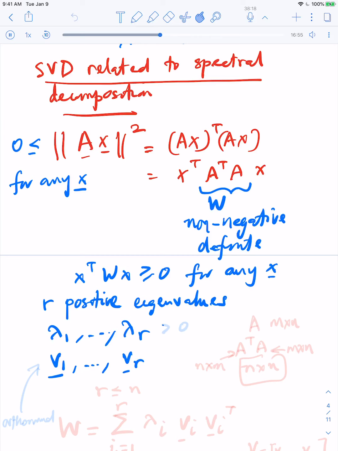So these are all bigger than 0, and of course, let's go back and look at the dimension of W, right?